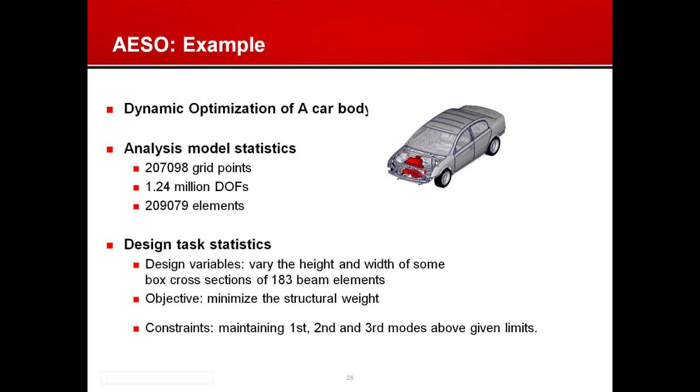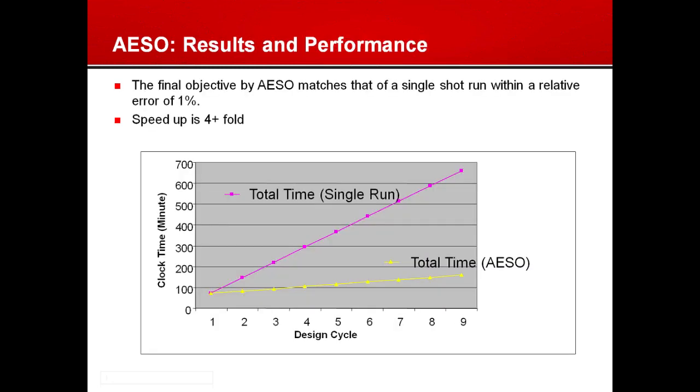And you can do that with AESO, and you can see that the runtime for the full model versus the AESO model was 1/4. So the AESO model clearly can save you a lot of time, the runtime.